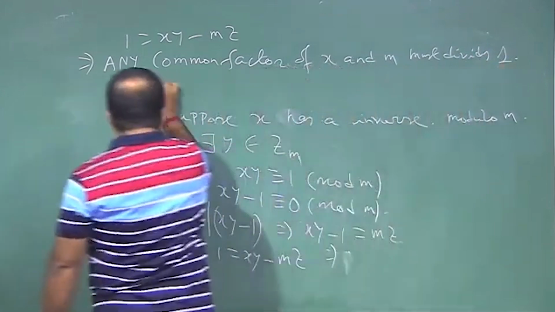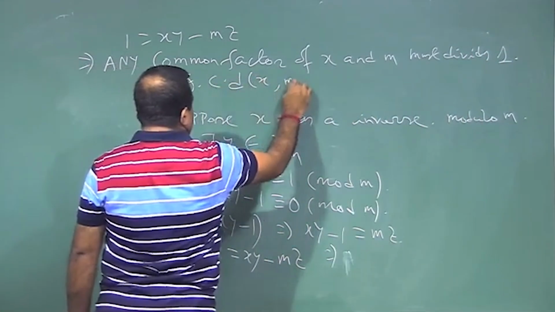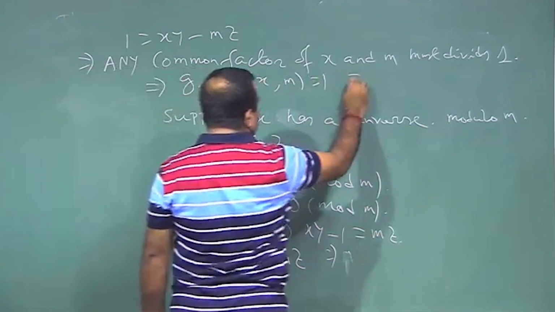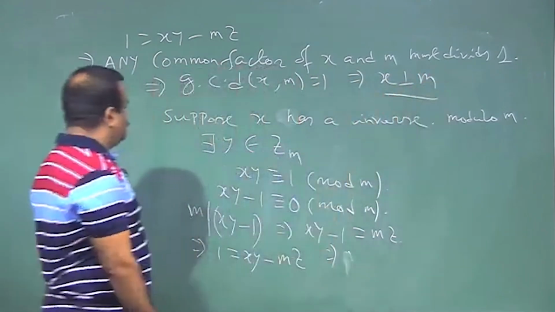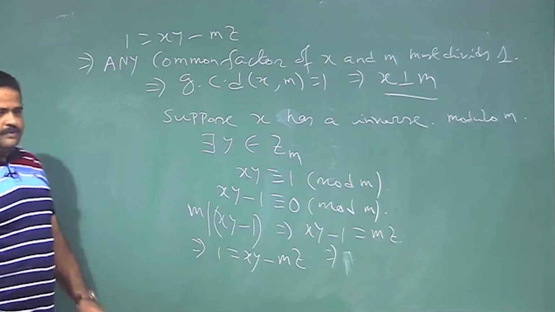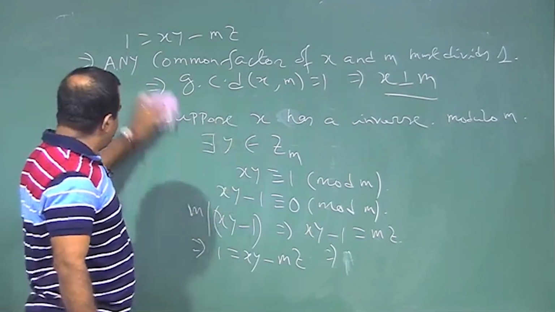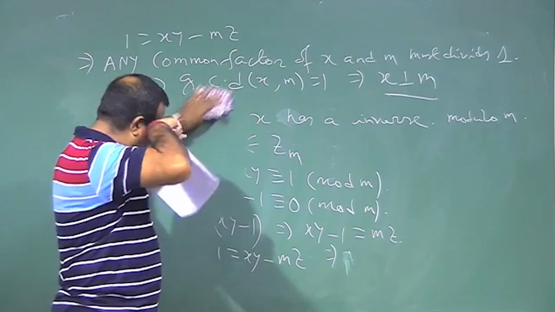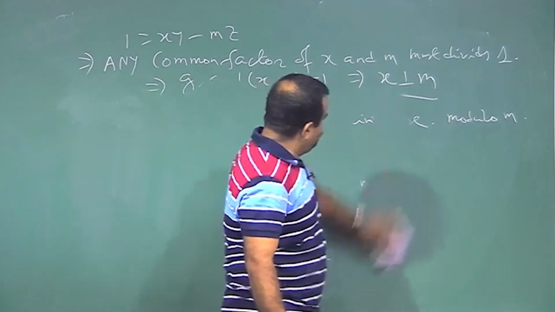So, this implies the GCD of x and m must be 1, that means x is co-prime with m. This is one part of the proof. So, if x has an inverse, then it must be co-prime. Now the other part: if x is co-prime with m, then it has an inverse. That part you have to prove now.